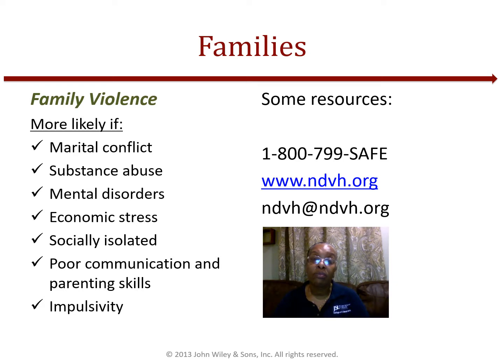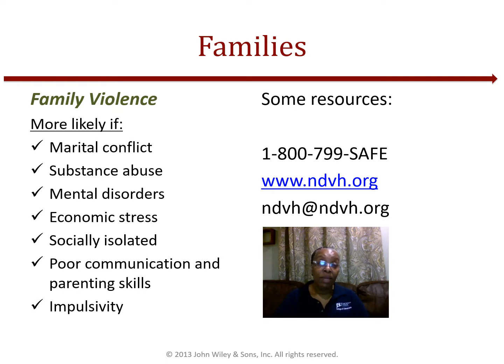So, looking at families, here's where it can get really deep. And abuse occurs in so many different shapes and forms within the family dynamic, that being physical, verbal, as well as emotional. Family violence is going to happen more likely if the marital relationship is struggling, if there's any type of substance abuse.